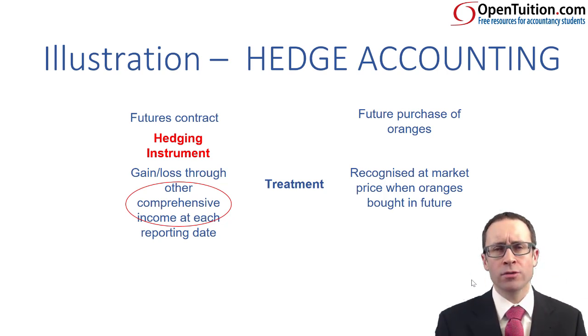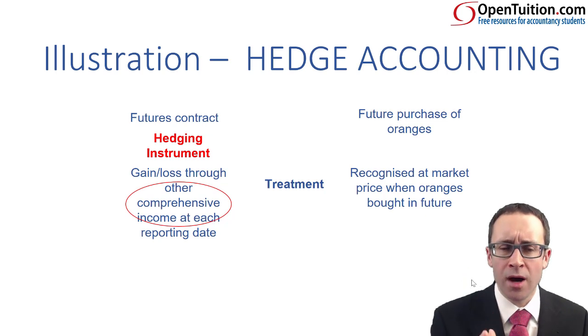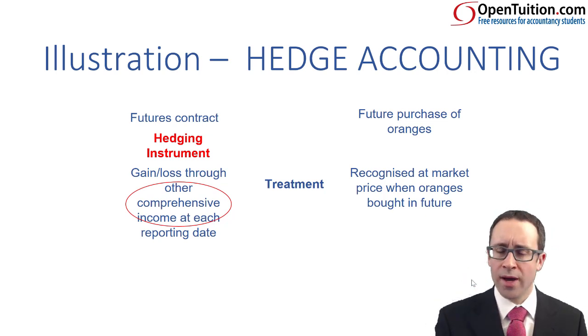That gain now goes through OCI. We placed that bet, didn't we, on a price rise. If the price goes down, then we've lost our bet. If we've lost our bet, we have a loss. That loss now goes through OCI because the hedging instrument, that futures contract, is part of a cash flow hedge.